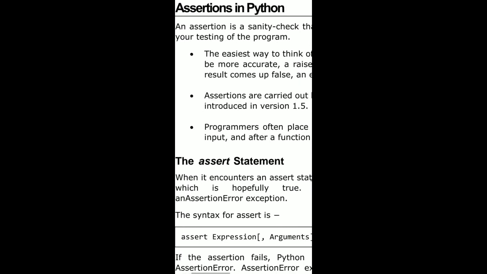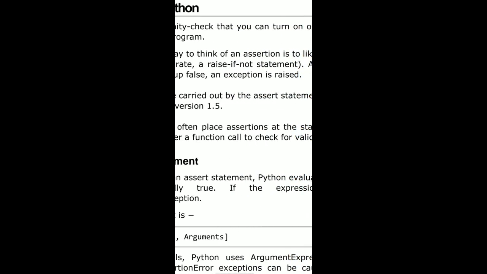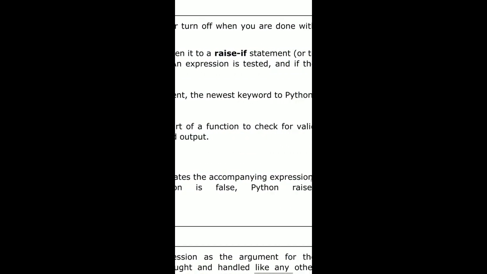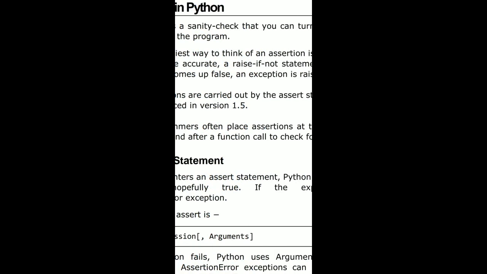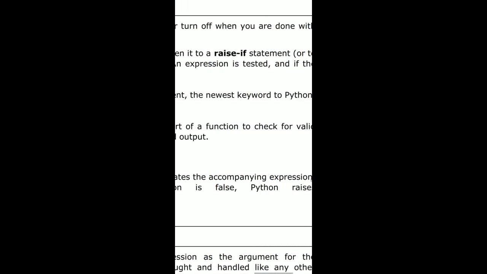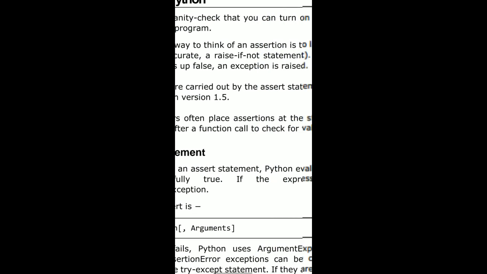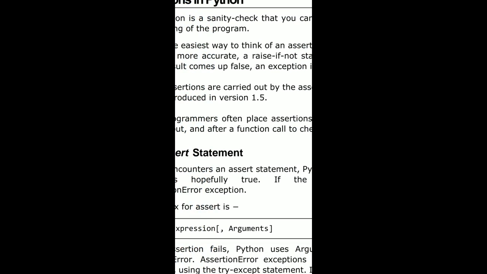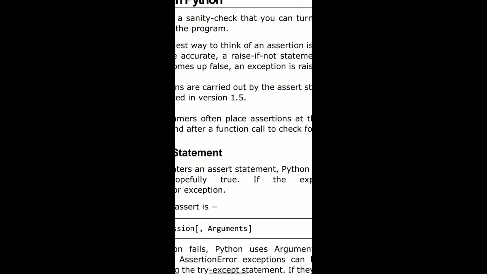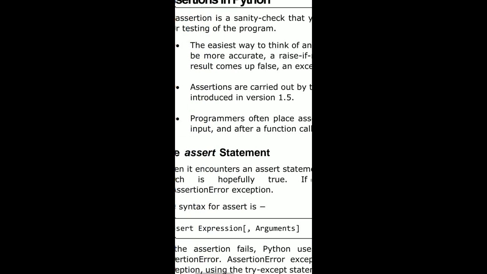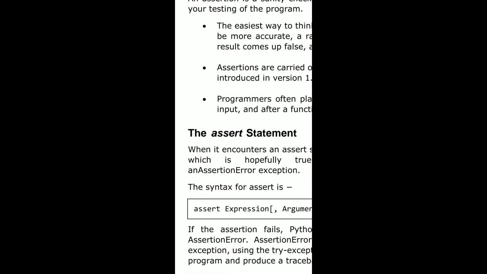The easiest way to think of an assertion is as a raise-if statement. An expression is tested, and if the result comes up false, an exception is raised. If the statement executes successfully, there is no exception; otherwise, an exception arises.